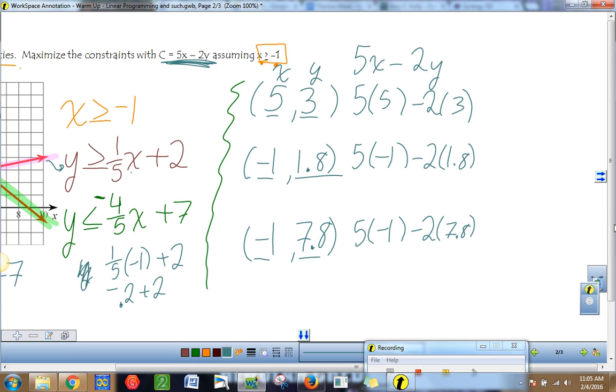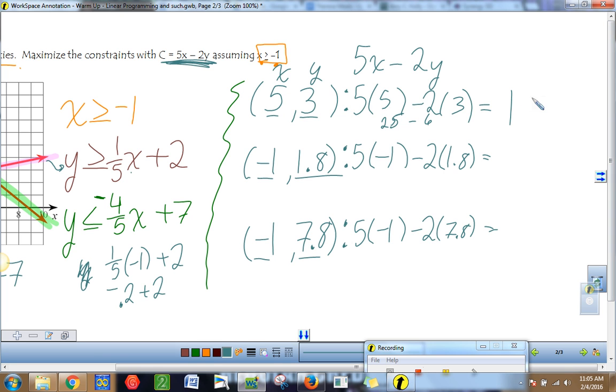You can use these for this. You don't need the graphing calculators for this stuff at all. Like this one, this is 25 minus 6. You can figure that out in your head. 25 minus 6: if you knock down 5 of them, that gets you 20, and then you gotta knock down one more.